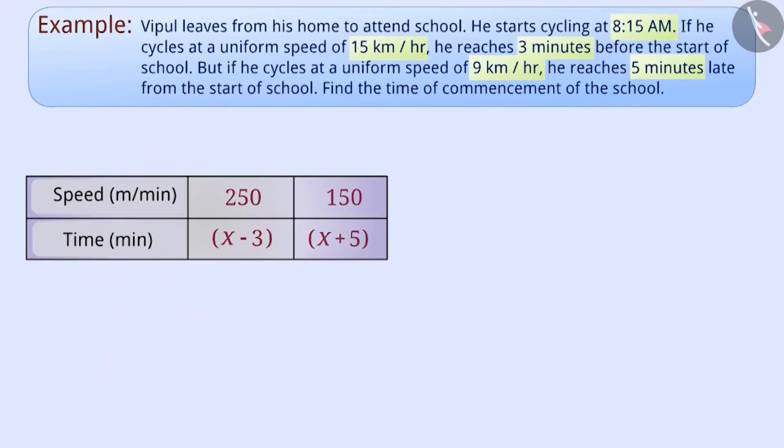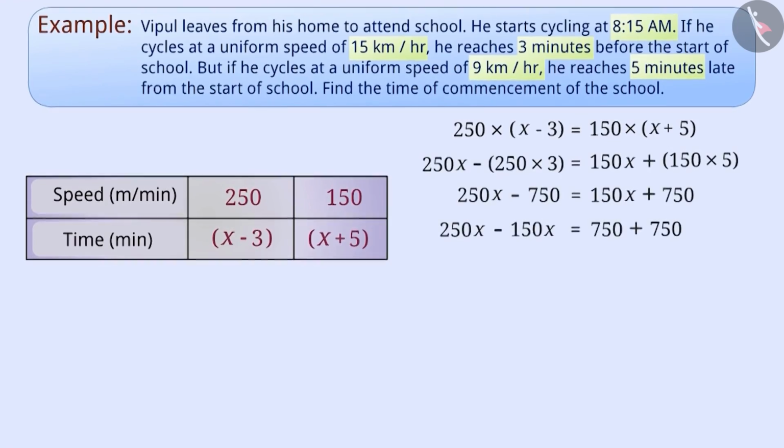In case of inverse proportion, 250 into x minus 3 is equal to 150 into x plus 5. On solving this, we will get 100x, which is equal to 1500. That is, x is equal to 1500 by 100, which is equal to 15 minutes.